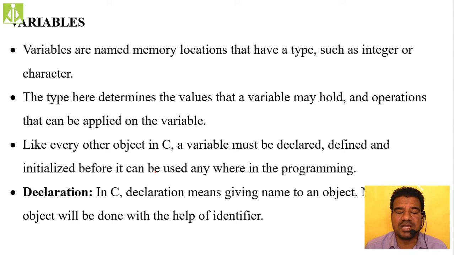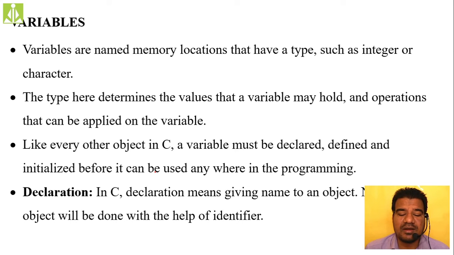Already I told you, names are nothing but nouns, nouns are nothing but identifiers in programming, isn't it? So in order to remember that memory location address, we are giving a name to it. Okay, we are giving a flexible name to it, and that flexible name is nothing but your variable name, your identifier. And when we are framing this variable name, we have to follow the identifier rules. Whatever rules we discussed in identifiers, all those rules we have to follow.